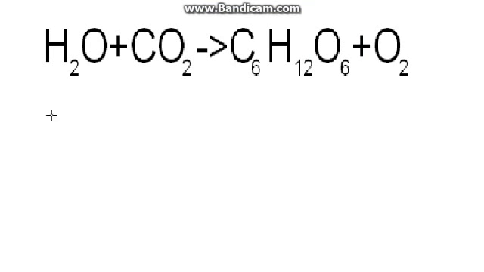Now, in case you didn't already know what all of these letters mean, H2O means that it consists of one oxygen atom surrounded by two hydrogens.